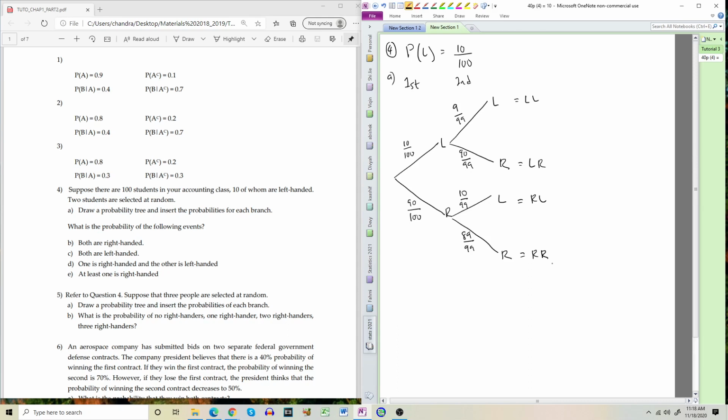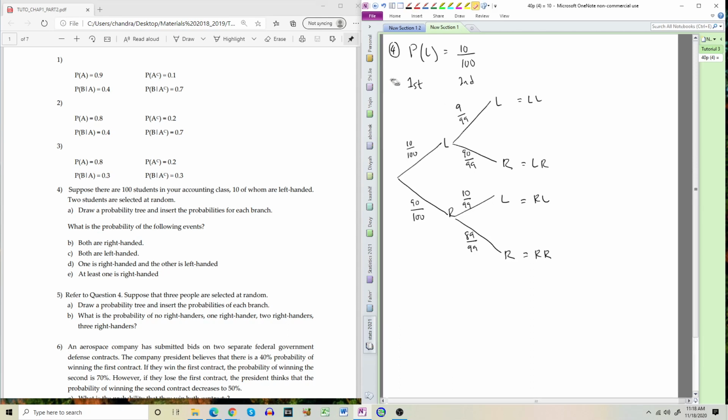What they want in A, this is not A yet. Okay, I just write it here, A. Both are right-handed. Where is it? Both are right-handed, is here. So take this one. If you go by branch, same branch, what do you have to do? Multiply.